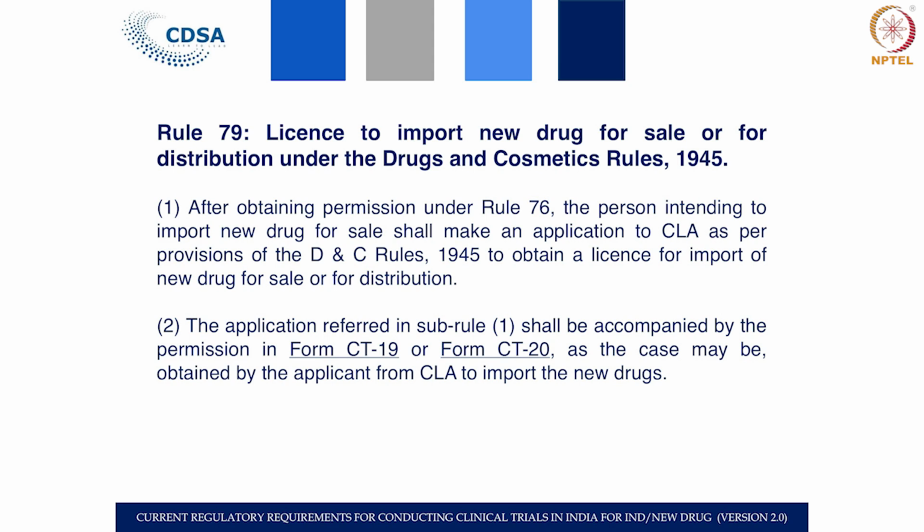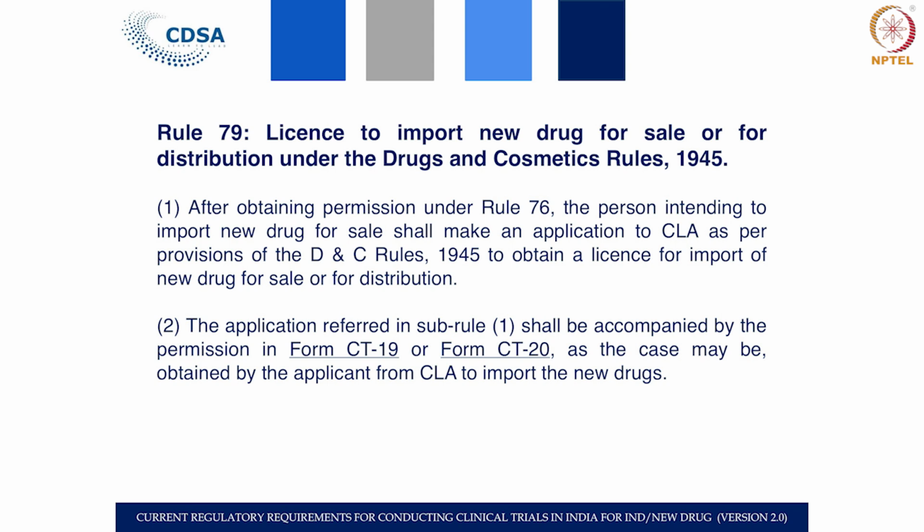And in all cases, such applications for a new drug will always be accompanied with the permission in Form CT 19 for an active pharmaceutical ingredient, and for a pharmaceutical formulation it is Form CT 20. In all cases there is one more thing to be noted, which will come at a later stage: an application for import of an active pharmaceutical ingredient will always be accompanied by an application for manufacturing of the pharmaceutical formulation.